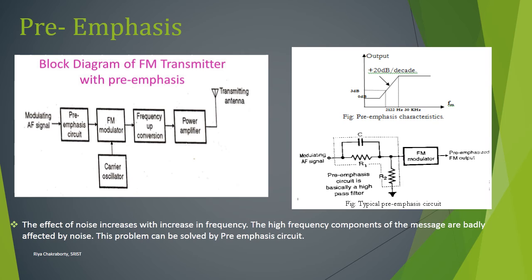This can be done by increasing the deviation of frequency, and it can be increased by increasing the amplitude of the modulating signal. So, if we boost the amplitude of higher frequency modulating signals artificially, then it will be possible to improve the noise immunity at higher modulating frequencies, right?